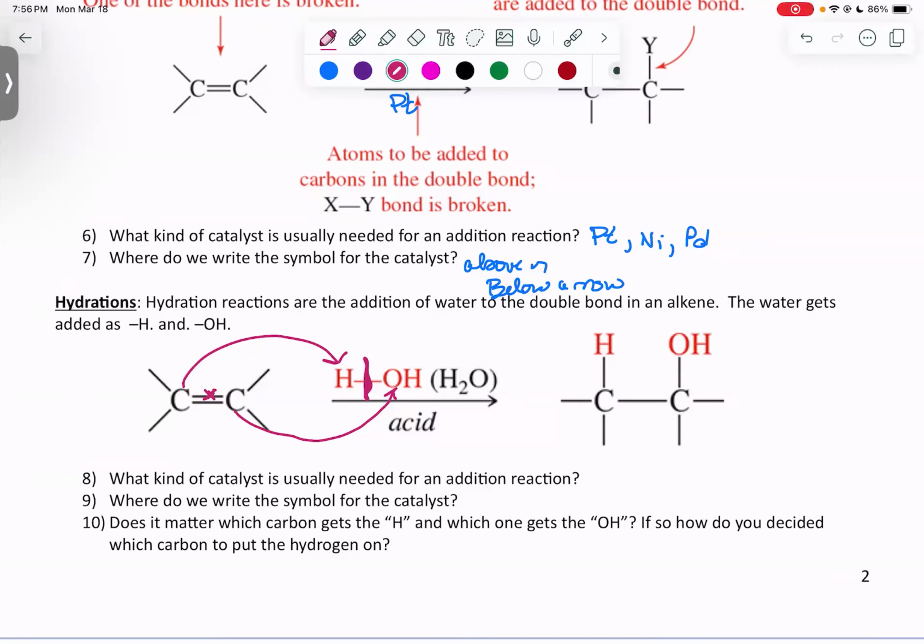So the kind of catalyst that you need is usually an acid, or sometimes they just write it as H+, and that just indicates that you have an acid in there. And that just means you have a low pH, right? So where do we write the symbol? Just like here where we said, here's the acid, you write it above or below the arrow.